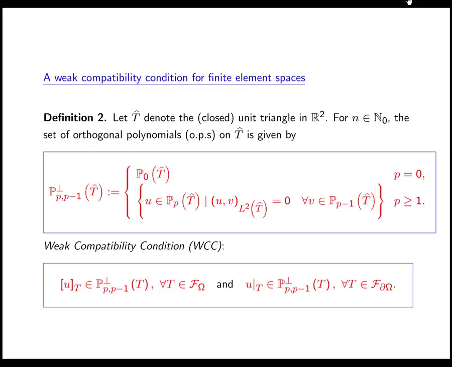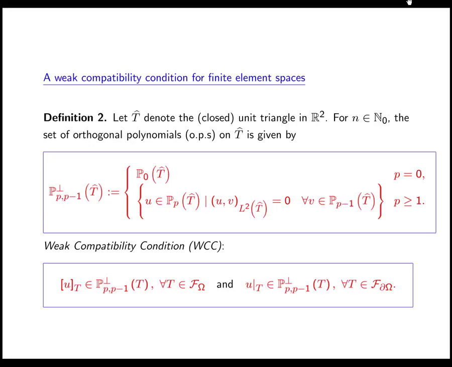Okay, so what is it about? So instead of the continuity of the functions across the boundary of the simplices, a weak compatibility condition is imposed. So first we have to introduce the notion of L2 orthogonal polynomials on triangles.